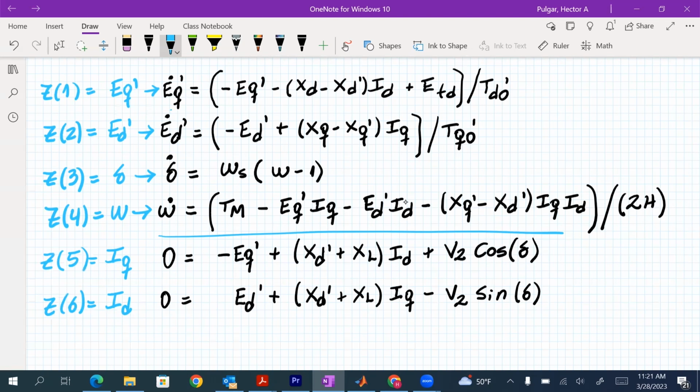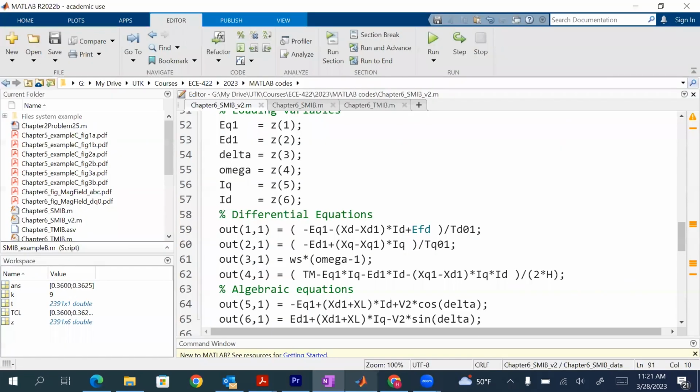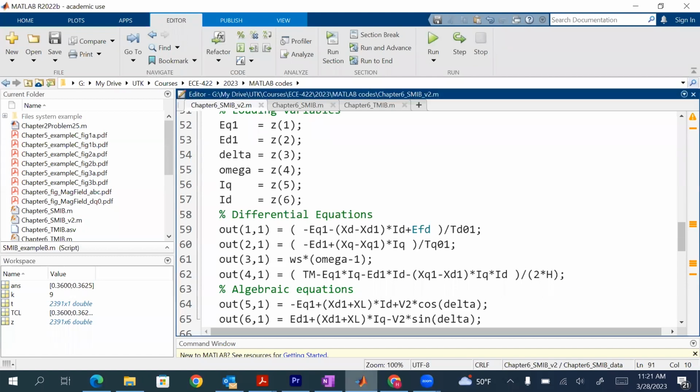With this definition for the vector Z, we completed our code. So we have from line 52 to line 57 the loading of the variables.